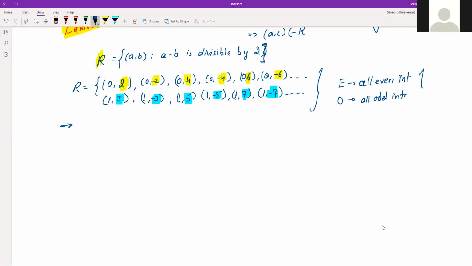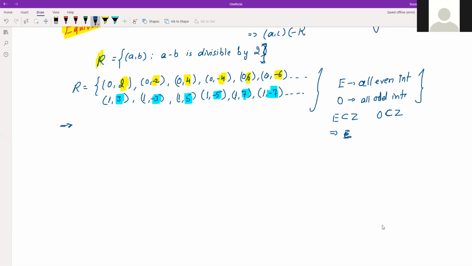So these E and O are actually subsets of Z, where Z is the set of integers. So E is a subset of integers, O is a subset of integers, or we can say that E is actually equal to, or we'll come to this later.